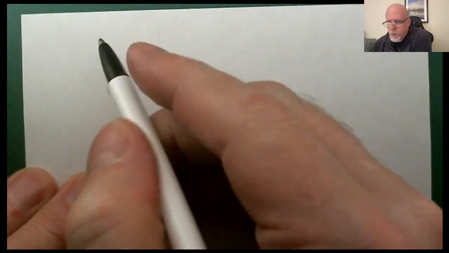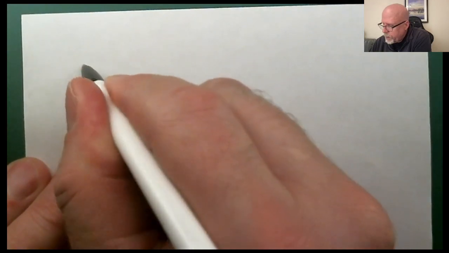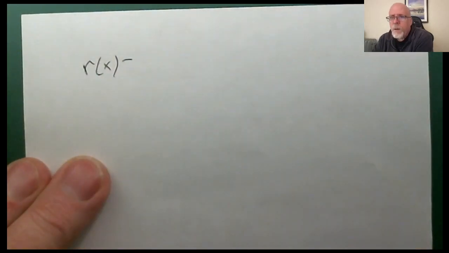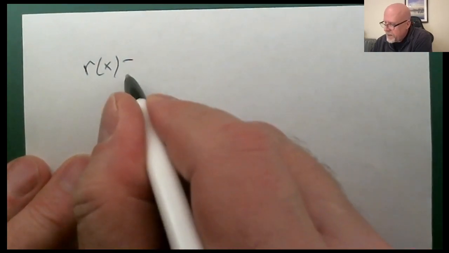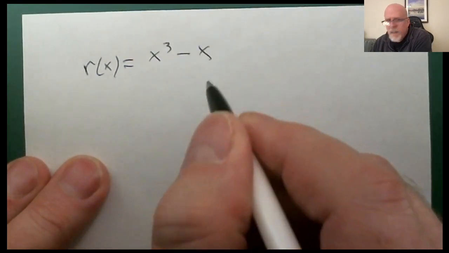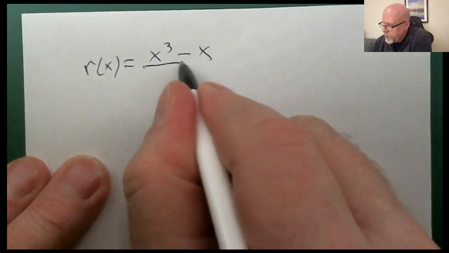So the polynomials I just had were x cubed minus x in the numerator, and then x plus 2 in the denominator, right?